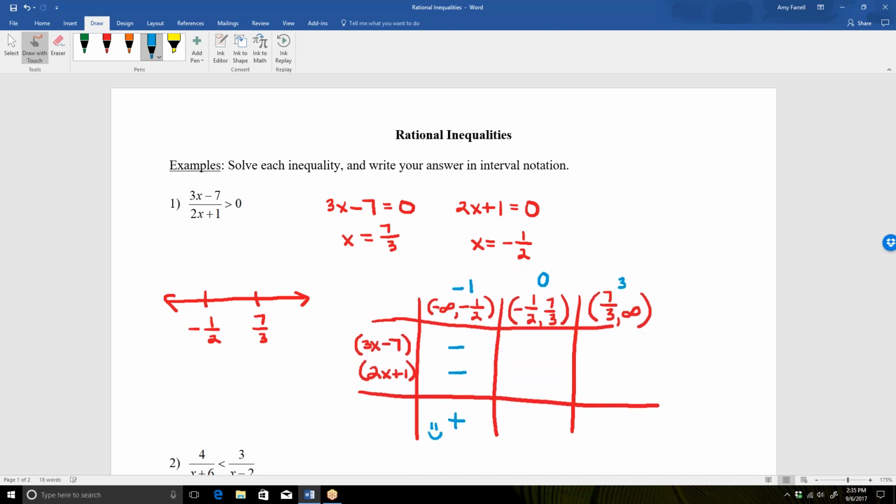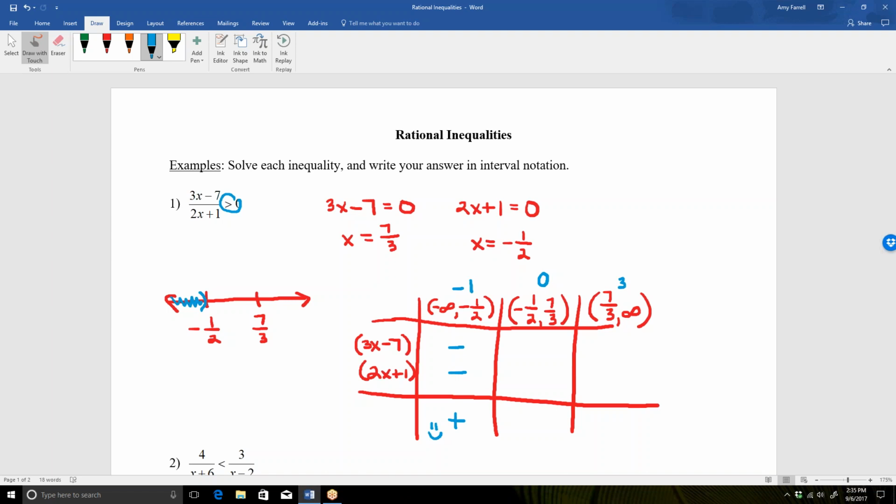This is going to be part of our solution set because we're interested in where this quotient is greater than 0. I got a positive result, and so this interval, which I can go ahead and graph over here if I want, will be part of our solution set. I only plugged in negative 1, but every number in this interval would give us the same results.